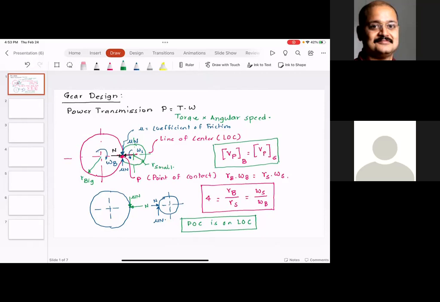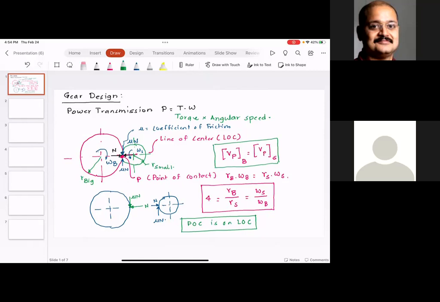Maybe there is some slippage, but still there is some power transmission. If there is slippage, you agree with me, there is heat generated because of the work done by friction, and that heat gets dissipated. So basically the friction wheels get hot and the heat gets dissipated. That's fine.